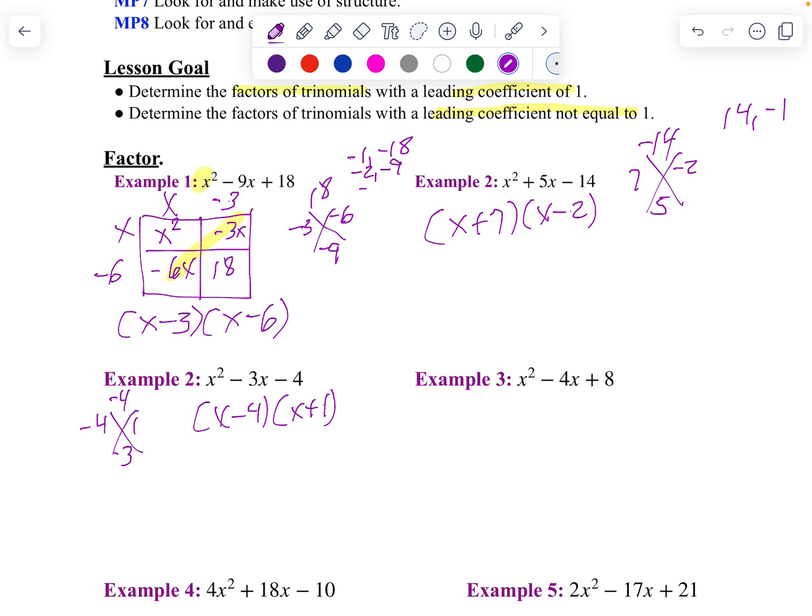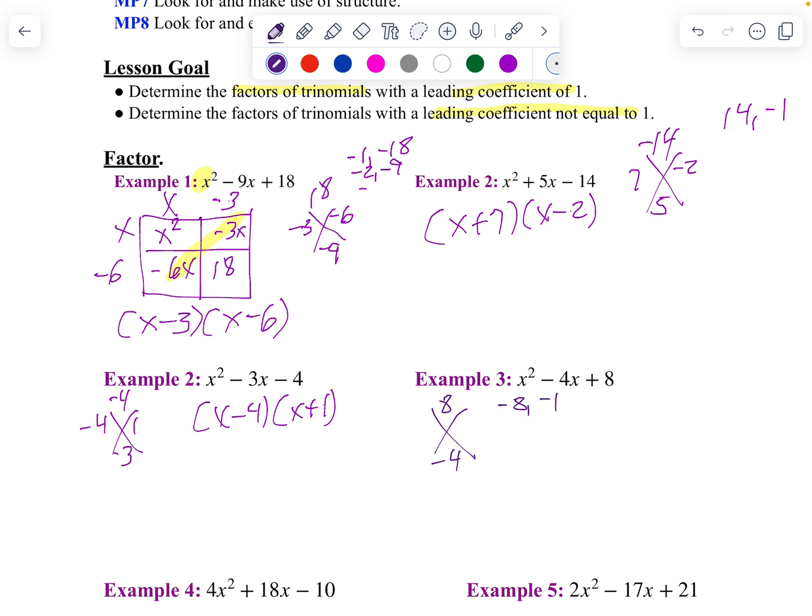Now if we take a look at our next one, let's try two numbers that multiply to 8 and add to negative 4. So they both have to be negative. Negative 8 and negative 1, they add to negative 9.